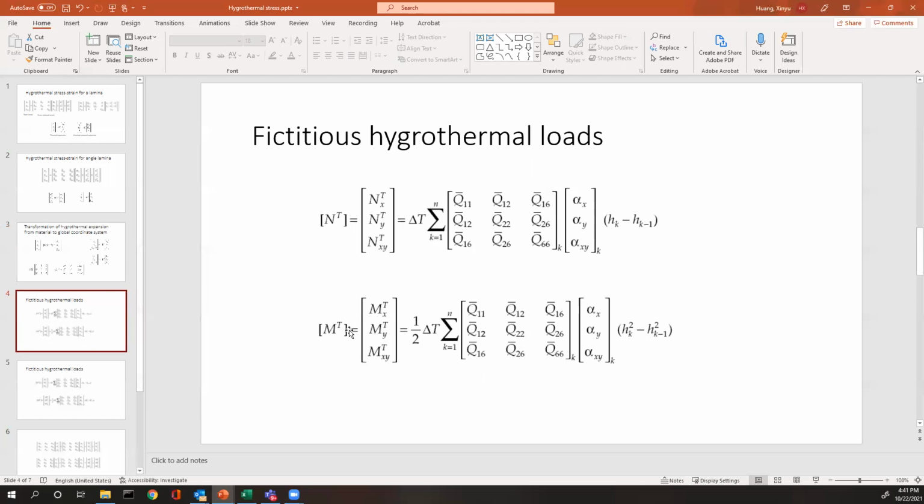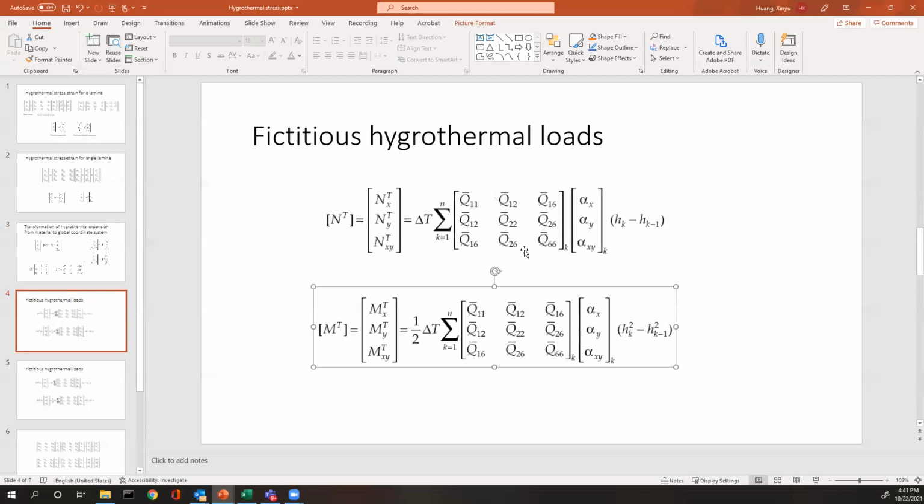But if you sum the stress from different layers, they will add up to 0 resultant force. They're self-equilibrating forces. So if you apply that self-equilibrium condition, you arrive at this equation. This is a force equilibrium. This is a moment equilibrium. The physics of this equation is just equilibrium.